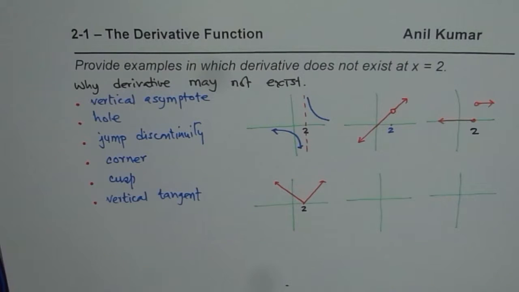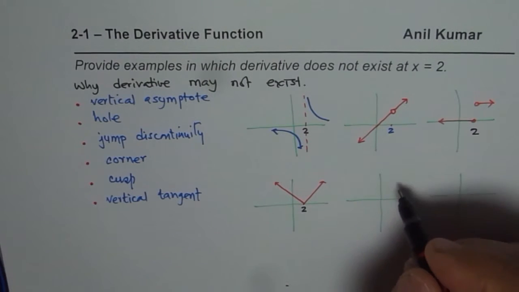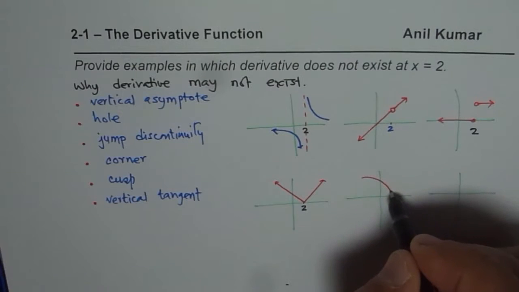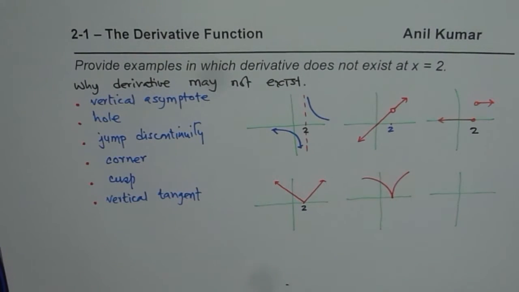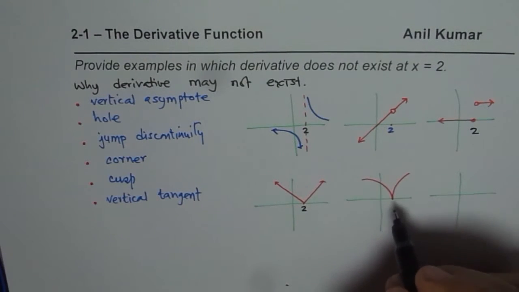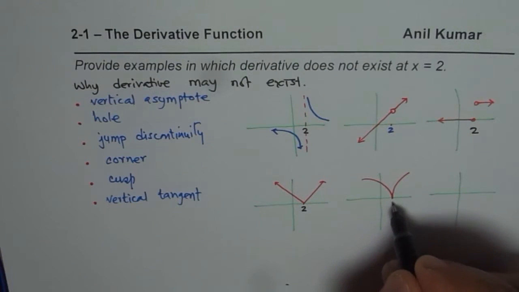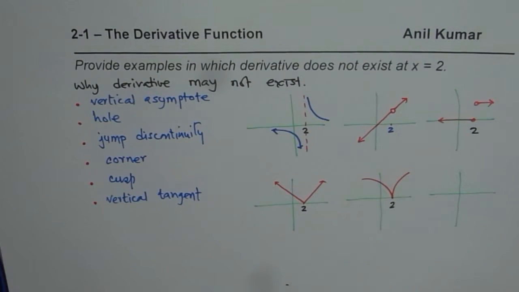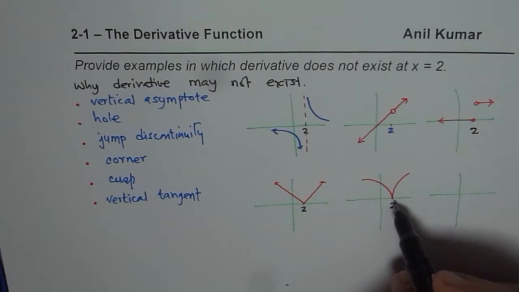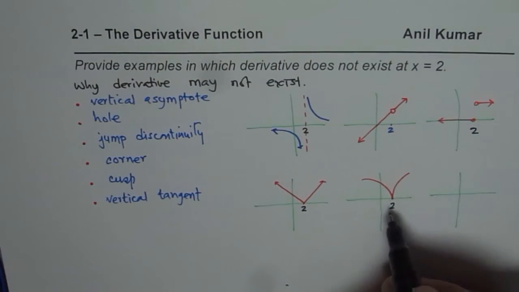Cusp at 2. So there are functions which are kind of like this, right? So that is, you could have x to the power of 2 over 3. So that could be a function. And yeah, so at 2 we could have cusp. It is not necessary that this is the x-intercept. I mean, it could be anywhere, correct? But at 2.